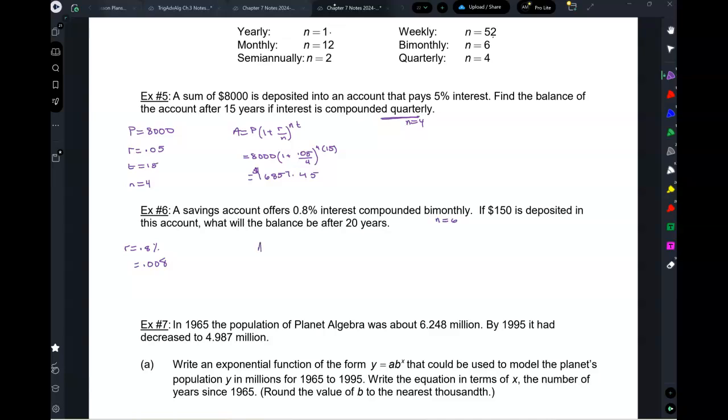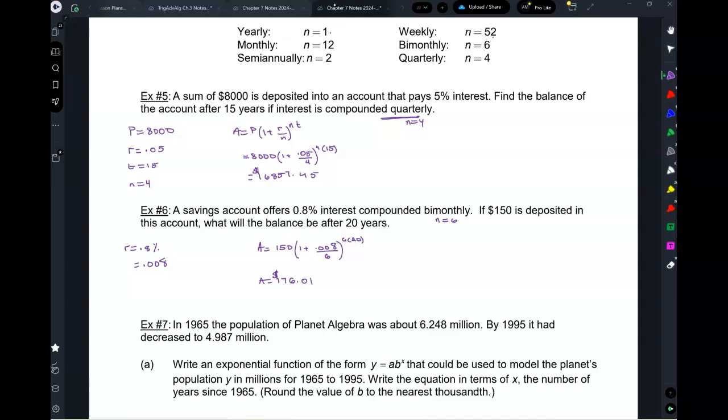So A is going to be the initial amount, 1 plus 0.008 over 6, to the power of 6 times 20. You're going to plug all of that into your calculator, and you're going to end up with a whopping $176.01.